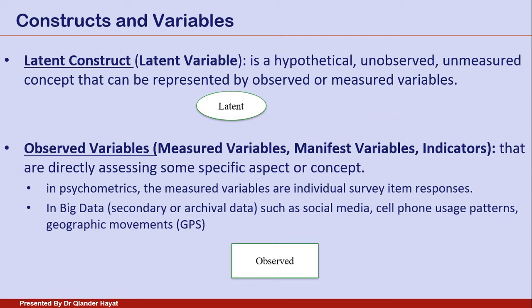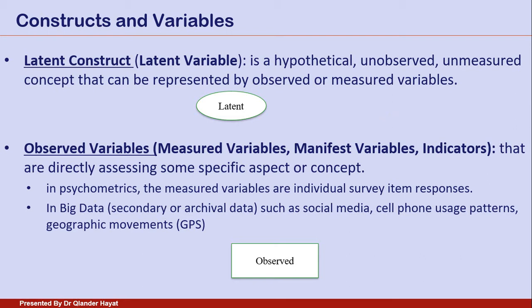The other type is known as observed variables, or measured variables, or manifest variables, or indicators. These directly assess some specific aspects or concepts. Basically, observed variables are the variables on which we collect the data.